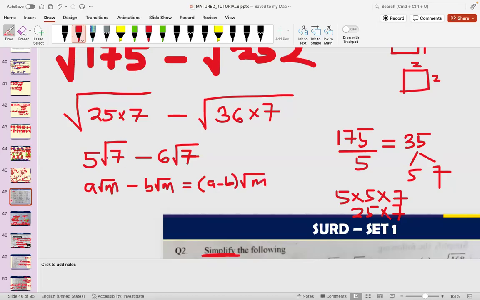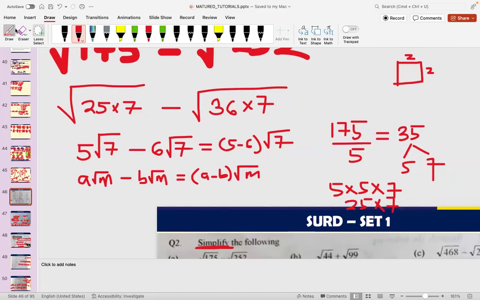So here, 5 root 7 minus 6 root 7 will give us 5 minus 6 root 7. Now the question is, what is 5 minus 6? 5 minus 6 is negative 1.